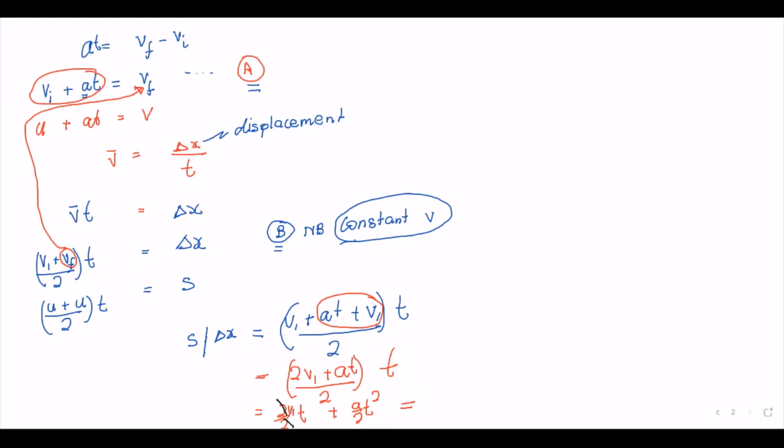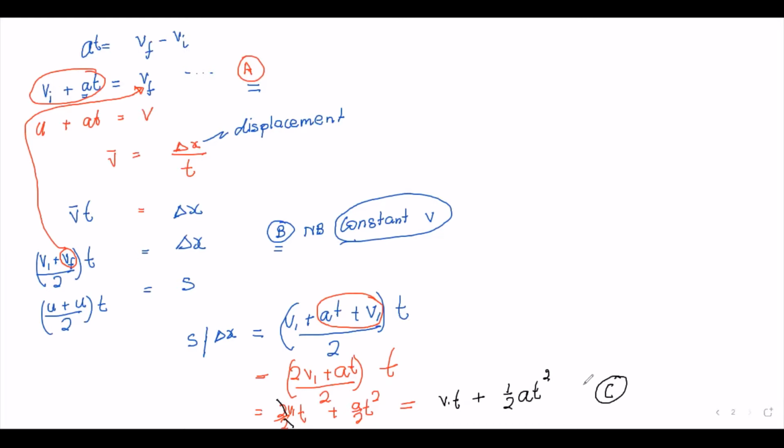This 2 will drop with the 2. You will have initial velocity multiplied by time plus half AT squared, and that will give you equation C.